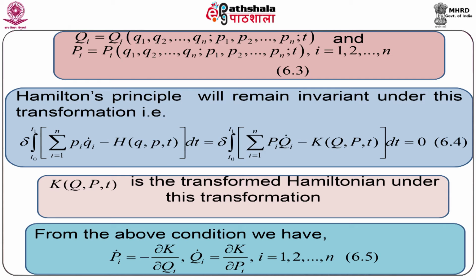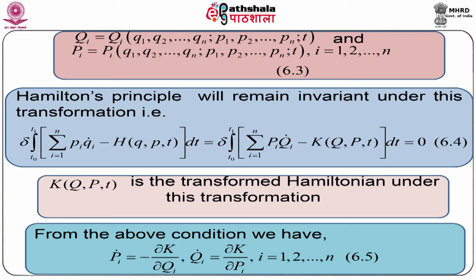We may demand the invariance of Hamilton's principle under the transformation 6.3, that is delta integration t0 to t1 summation over i equal to 1 to n small pi into qi dot minus capital H function of small q, p and t dt equal to delta integration t0 to t1 summation over i equal to 1 to n capital Pi capital Qi dot minus capital K function of capital Q, capital P, t dt, where capital K function of capital Q, capital P, t is the transformed Hamiltonian, whereas capital H function of small q, small p, t is the original Hamiltonian.